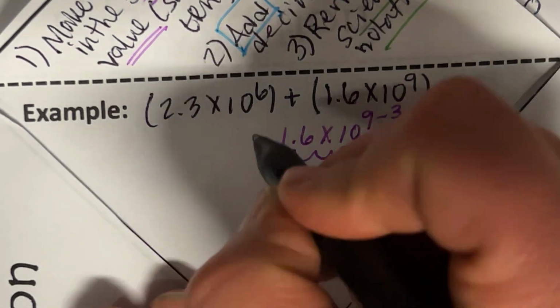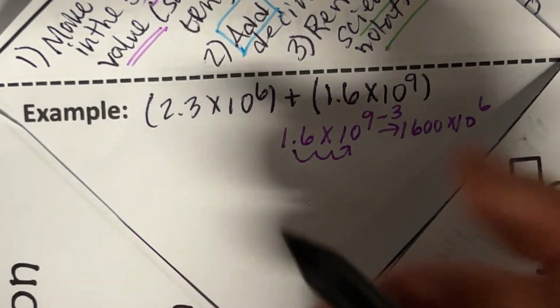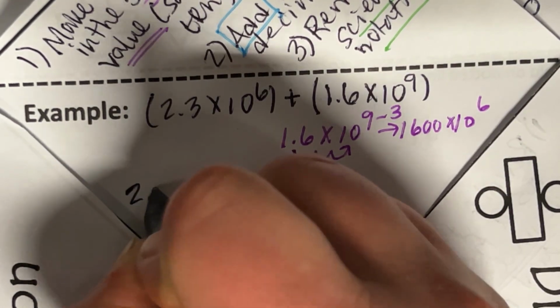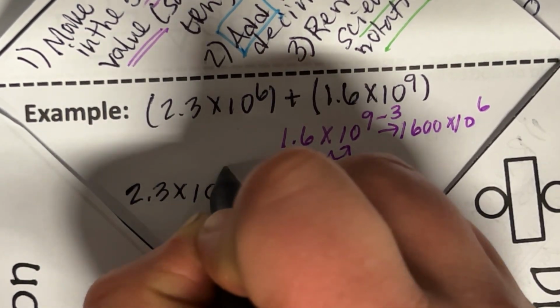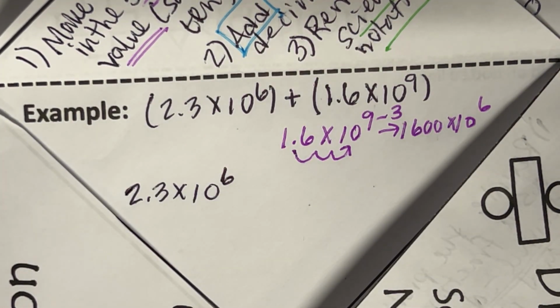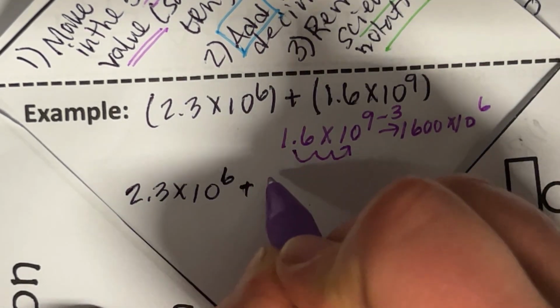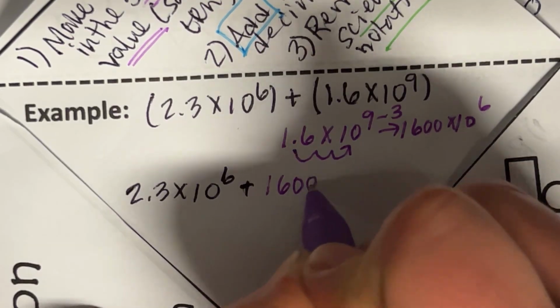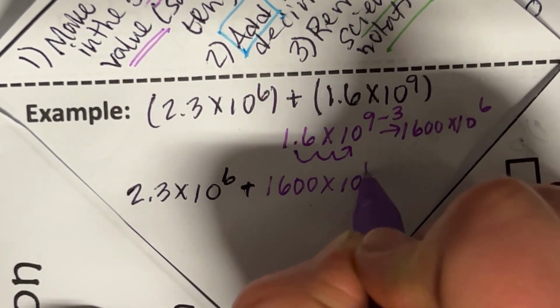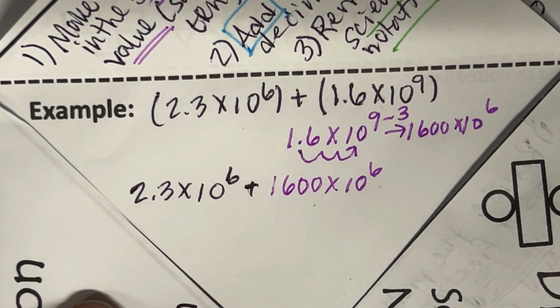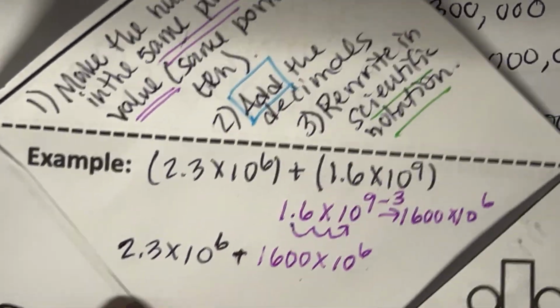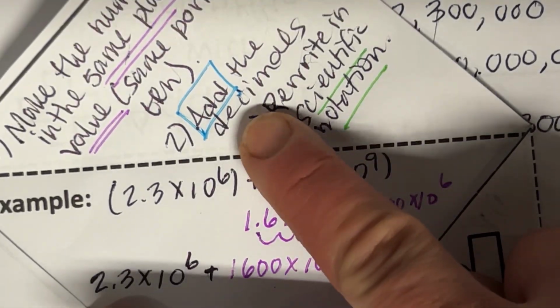Now, I still have this 2.3 times 10 to the 6th that I didn't even play with. So I have 2.3 times 10 to the 6th plus now this new shifted place value of 1,600 times 10 to the 6th. I am going to now add the decimals.